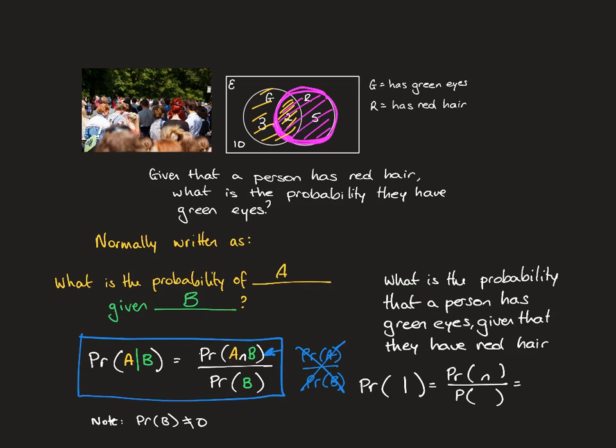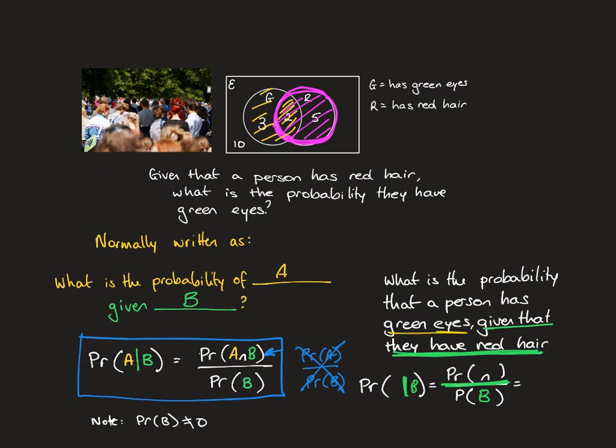So in the question it says, what is the probability that a person has green eyes given that they have red hair? The given that they have goes in the second bit of the statement, and it also goes on the bottom of the fraction for probabilities.